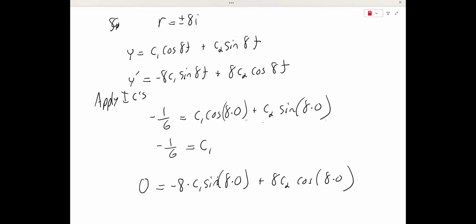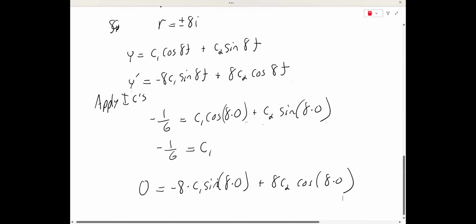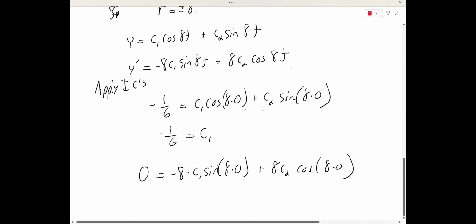So that's applying the other condition into the derivative here. Okay, so 0. Yeah, so this one would just drop out here then? Oh, wait, C1's negative. Yeah, okay.